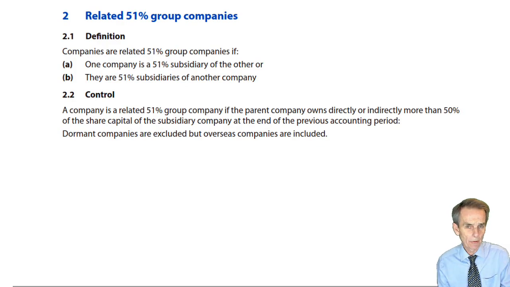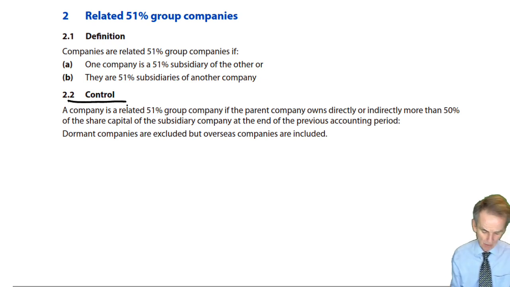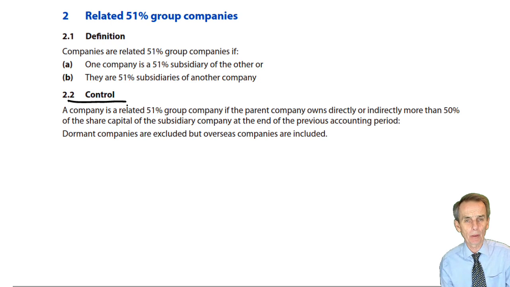Okay, so let's see if we've been able to correctly interpret the significance of this particular section here, measuring what we mean by this control to determine whether companies are related 51% group companies for any given accounting period.